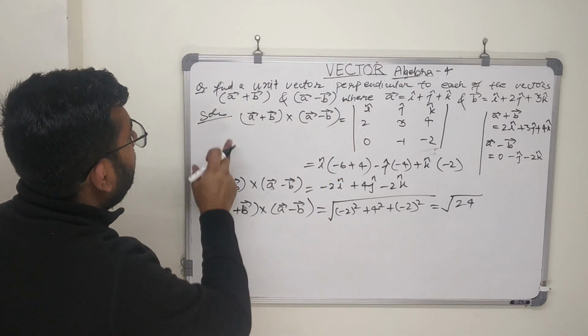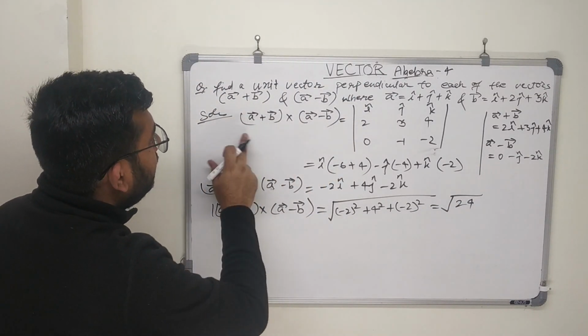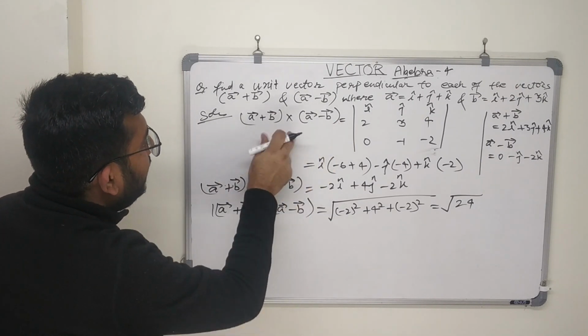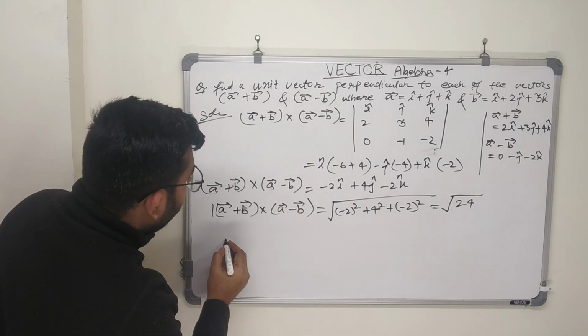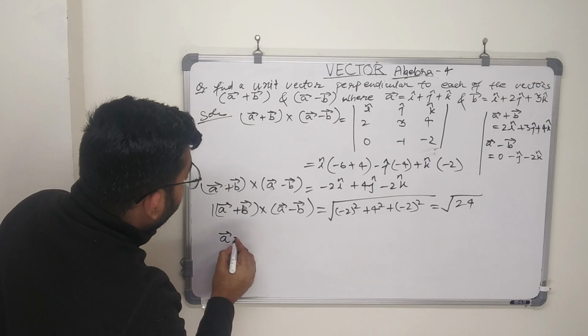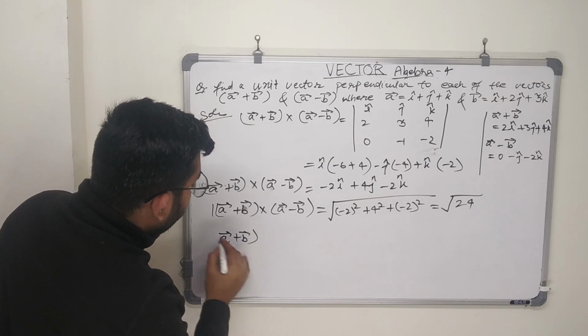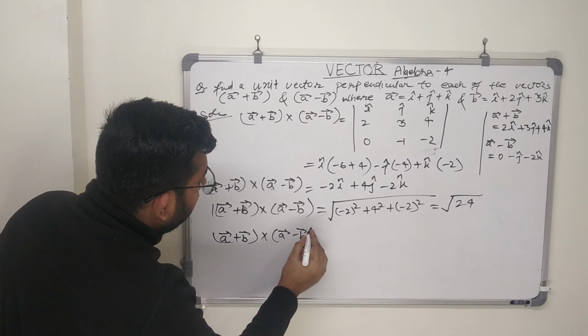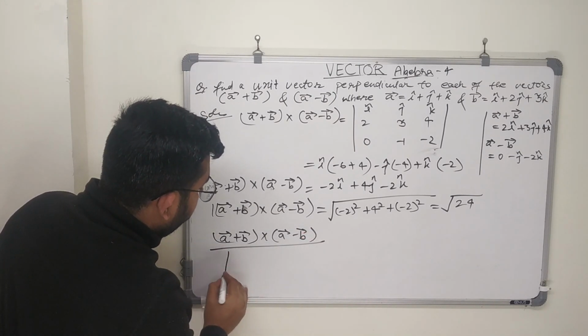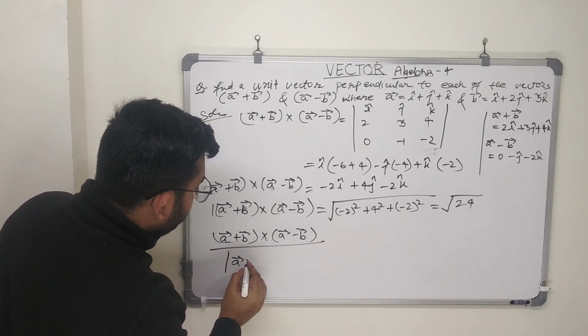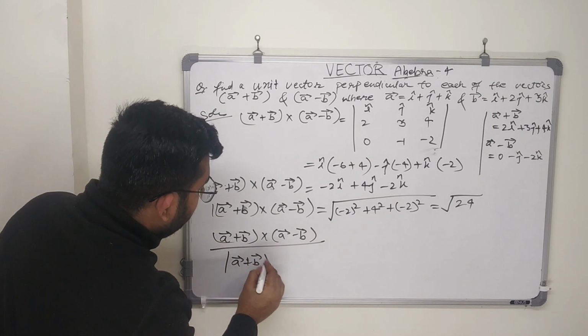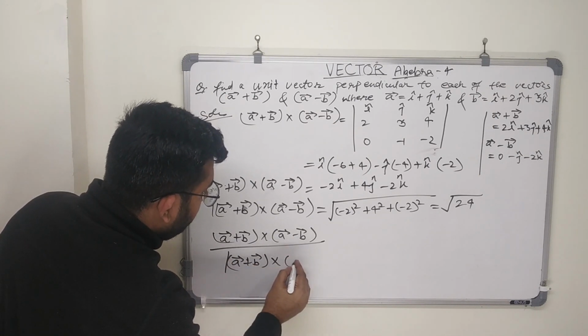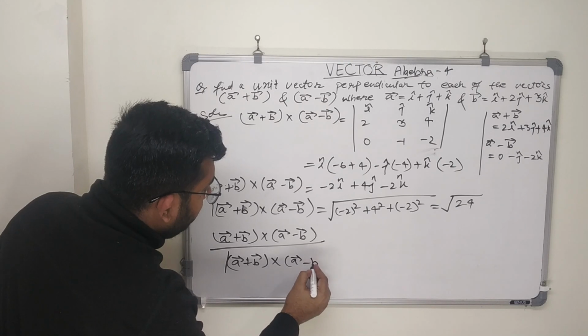So now finding the unit vector in the direction of this will be equal to (a vector plus b vector) cross (a vector minus b vector) divided by the magnitude of (a vector plus b vector) cross (a vector minus b vector).